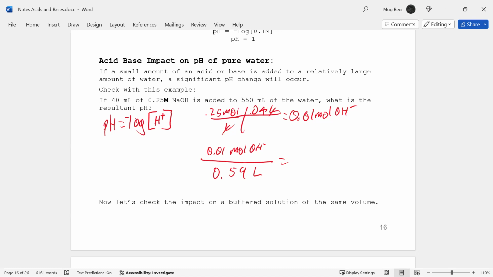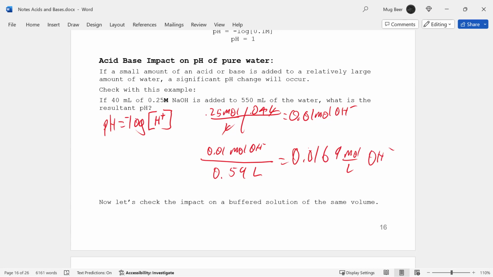Because I have to know the volume once they've been added together, right? The new volume is 590 milliliters. It's not 550 anymore. It's 590. So that corresponds to 0.59 liters. And so now 0.01 divided by 0.59, and I get 0.0169. That's good enough. Moles per liter hydroxide.